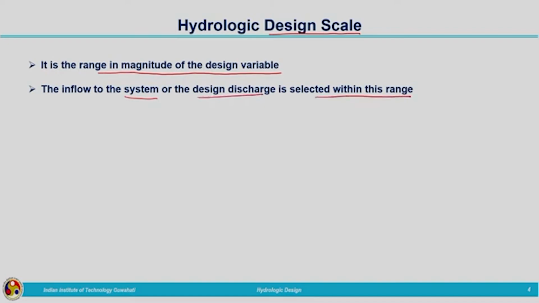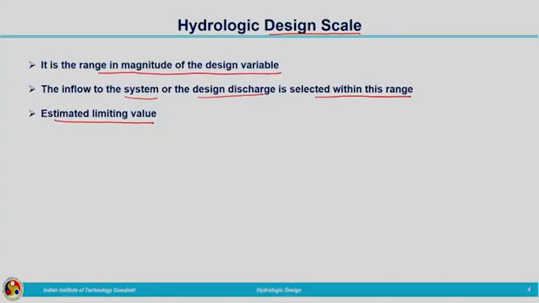Once the range is provided, we can choose a particular value of discharge for the design purpose, which is termed the design discharge. For that, we will be making use of the concept of the estimated limiting value. As far as this limiting value is concerned, it will have a lower limit and also an upper limit. For design purposes, we can keep the lower limit as 0, we cannot go for negative values.